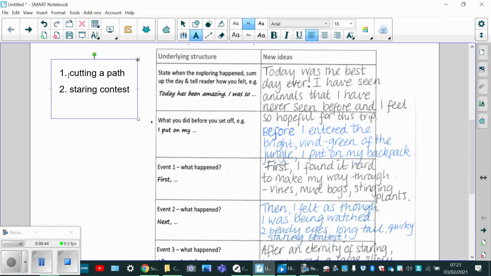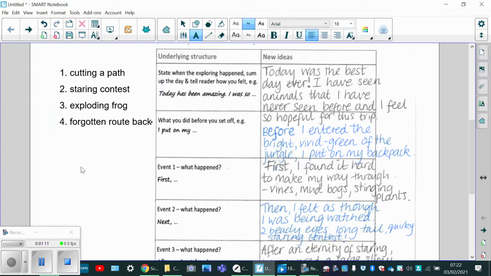My third event is my encounter with an exploding frog. My 4th event is going to be thinking about how I nearly forgot my way back. So I had a forgotten route back. So those are my 4 events.